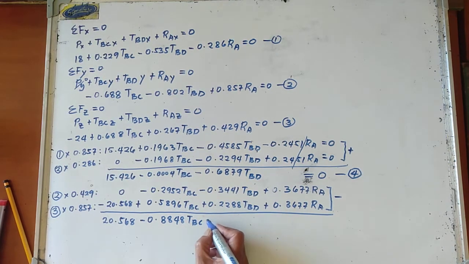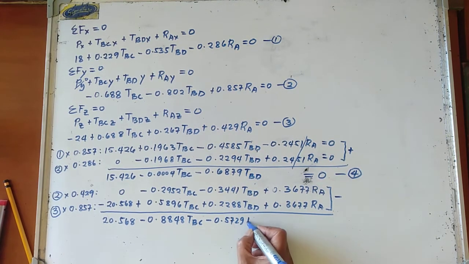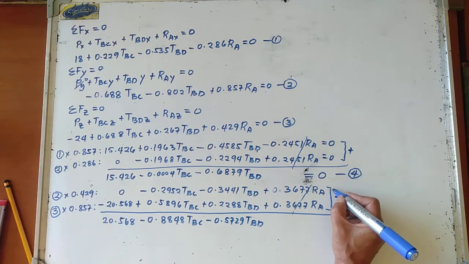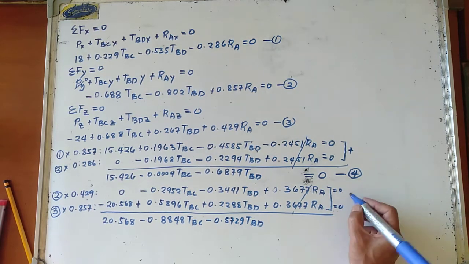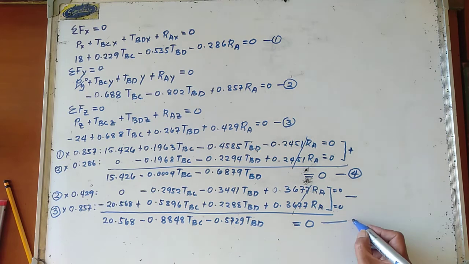Minus minus is positive, so we have still negative 0.5729 T sub BD. So this is equal to 0. Let us consider this one as equation 5.